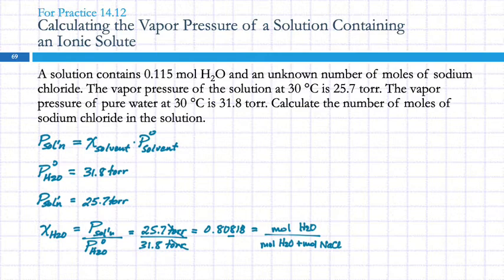Particles formed. So this isn't really going to be moles of sodium chloride, it's going to be moles of ions, right? So let's rename that moles of ions. So the moles of H2O was given as 0.115. So down here we've got 0.115 moles plus, let's call it Y, because there's a chi on the page.